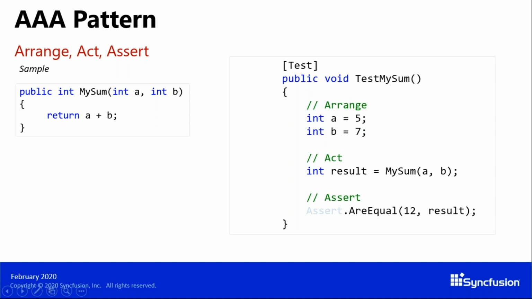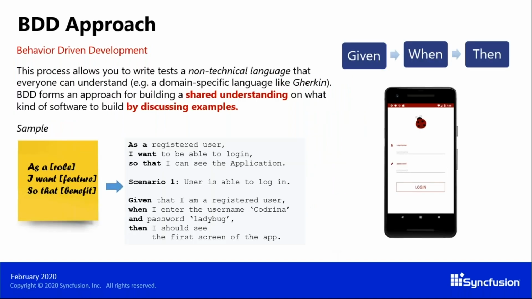In the last years, you may also have run into some BDD approach for your development. So another way to write your tests might be following this approach, the so-called given, when, then approach. They are usually written in a non-technical language.